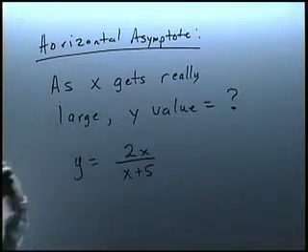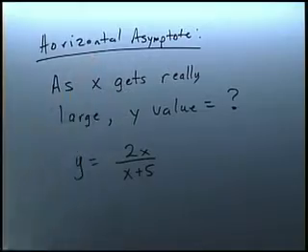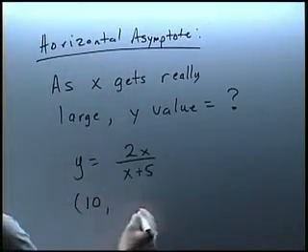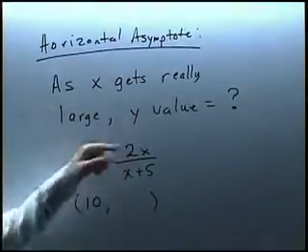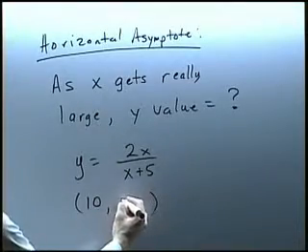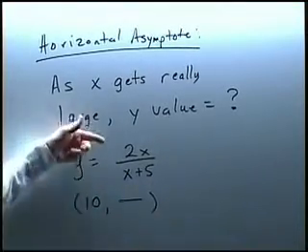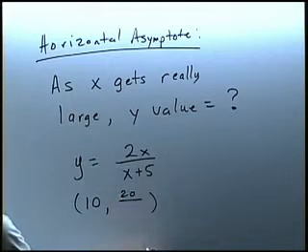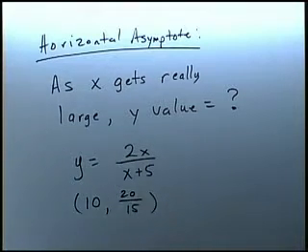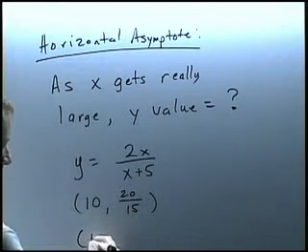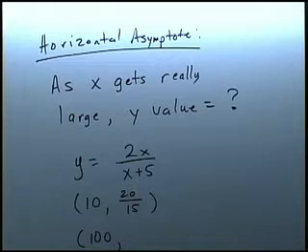What if I plug in x equals 10? Not too big of a number, but what if I plug in x equals 10? My numerator is what? 20, and the denominator is 15. So 20 over 15, that's just a little bit bigger than 1. So 1 point something. All right, what if I plug in a bigger number? What if I plug in 100?